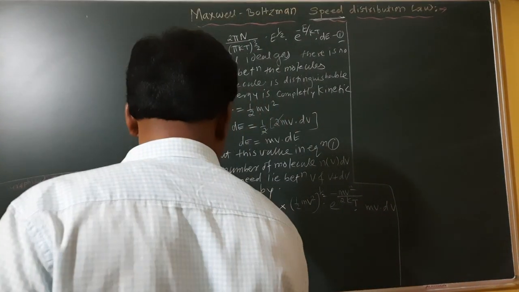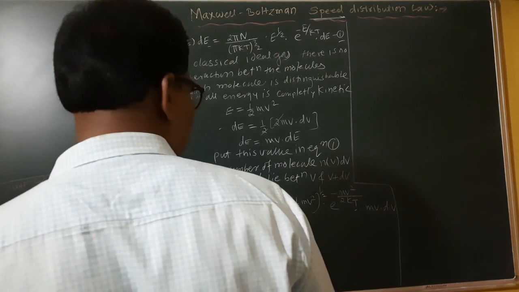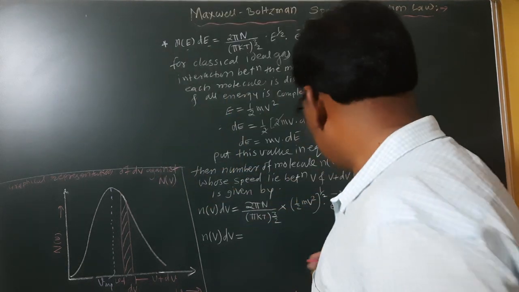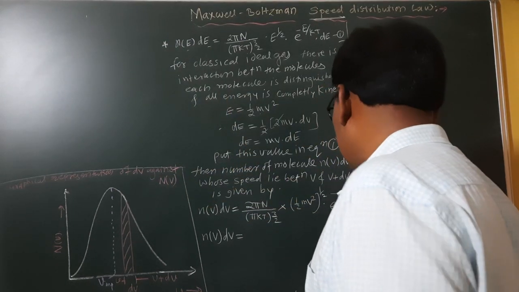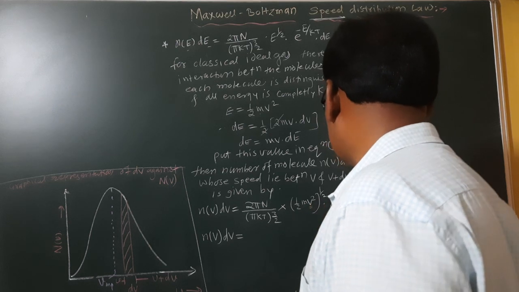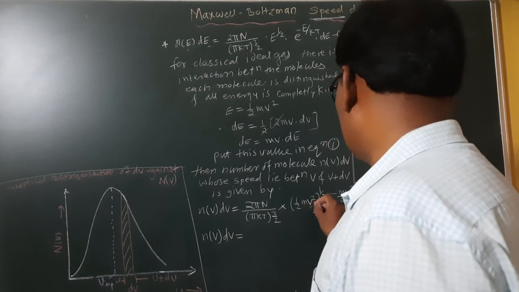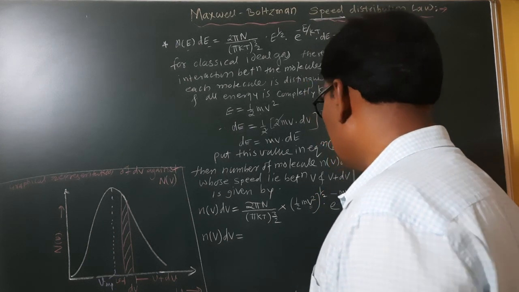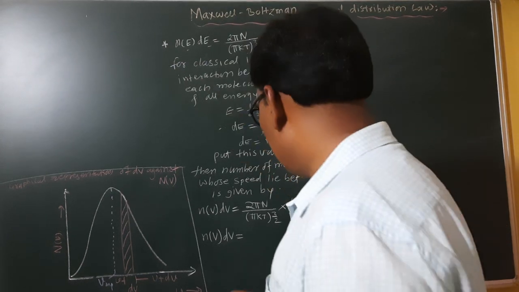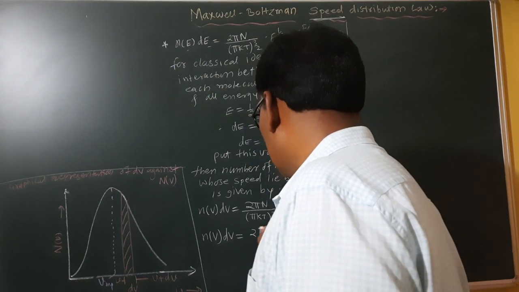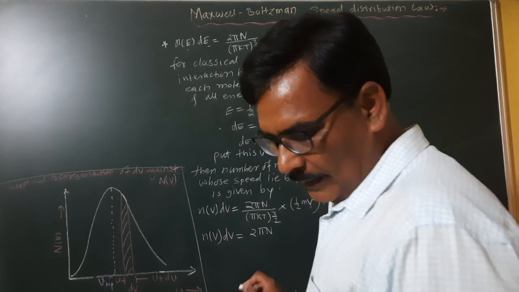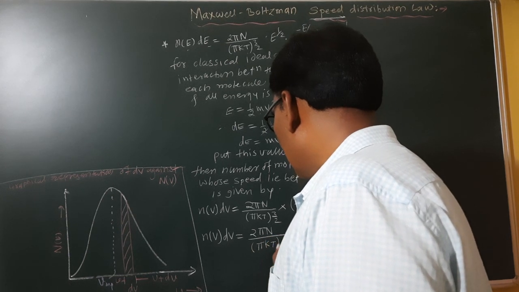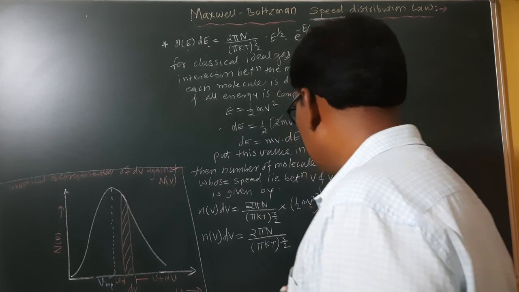We have v in one place and v² raised to half in another, so we cancel this, and finally we write 2πn as it is, divided by (πkT)^(3/2) as it is.